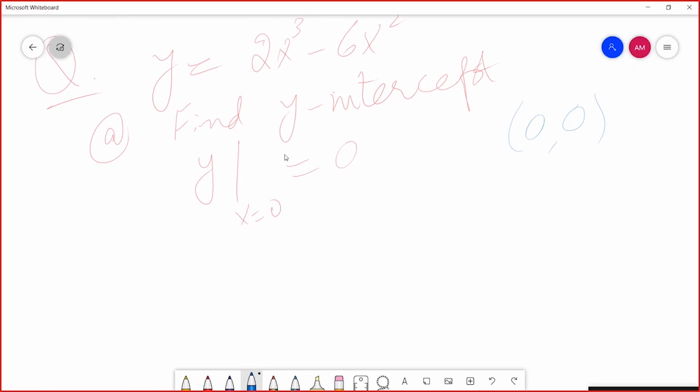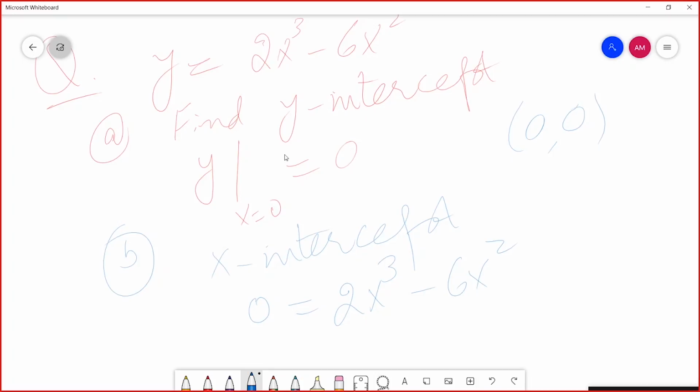And then you have to find now the b part, x-intercepts. How to find the x-intercept? You have to make y 0. So it would become 0 is equal to 2x cube minus 6x square. Naturally, it appears that there is more than one point.